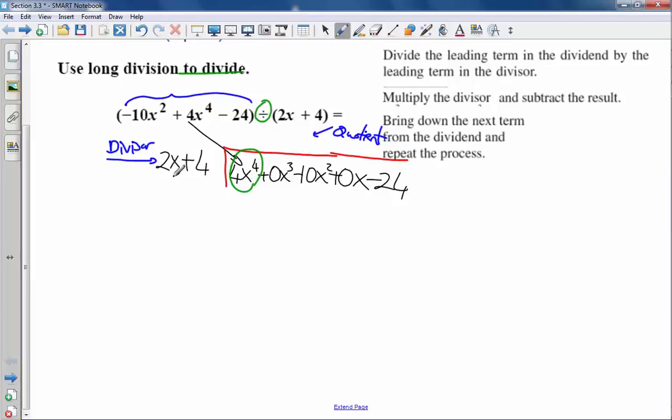When you circle the largest on the left, it's always the first one. What do you do with them? You divide one into the other. So step one, if you want to call this one, we divide 4x to the fourth by 2x.